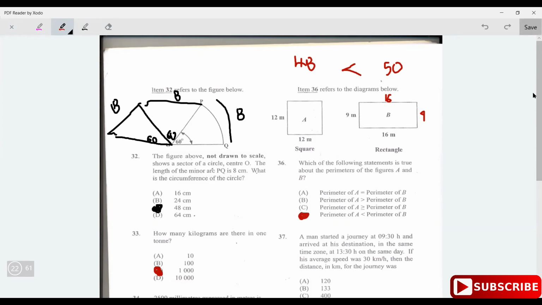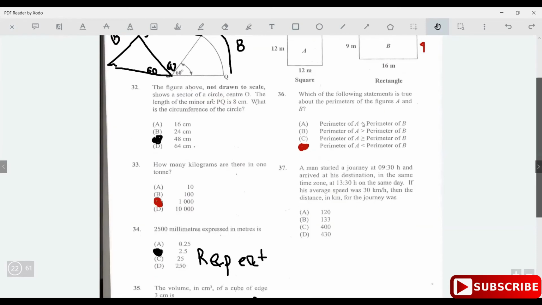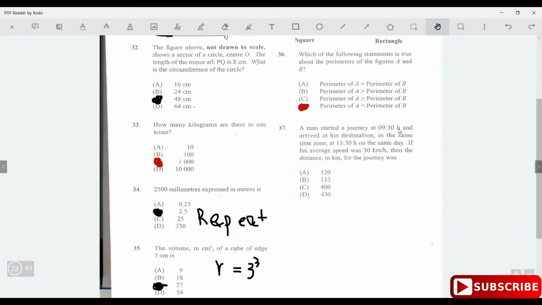Question 37. A man started a journey at 9:30 hours, meaning from 9:30 in the morning, and he arrived at his destination in the same time zone at 13:30. So he arrived at 1:30. That means he was traveling from 9:30 to 10:30 is 1 hour, 10:30 to 11:30 is 2 hours, 11:30 to 12:30 is 3 hours, and then 12:30 to 13:30 is 4 hours.